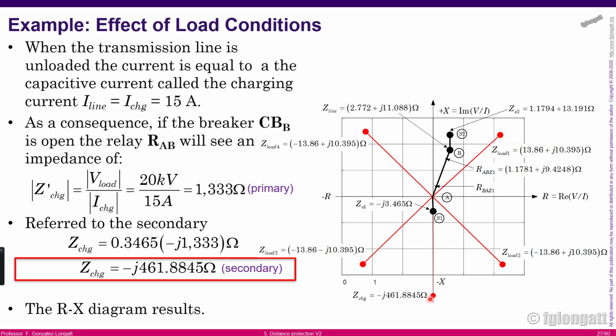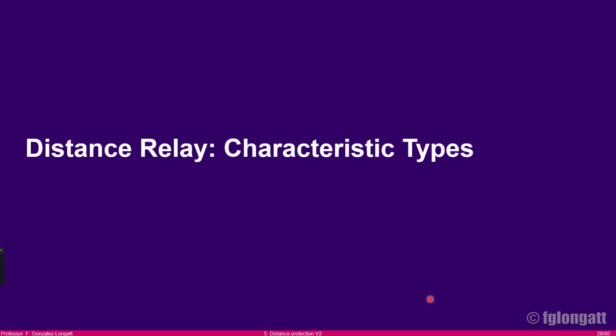They can produce a relatively small impedance that can go inside the circle defined by the distance protection, and they can wrongly trip the distance protection. As I said before, the load conditions can go inside the circle.